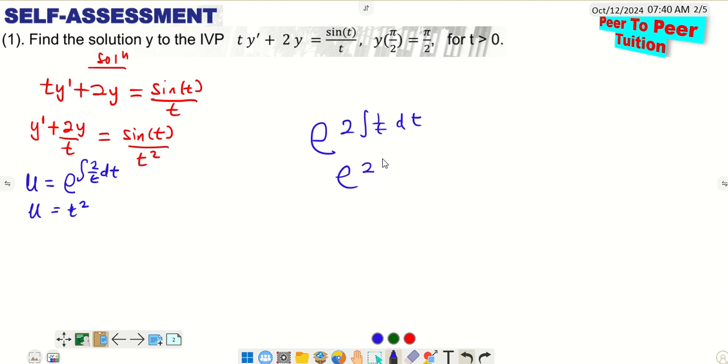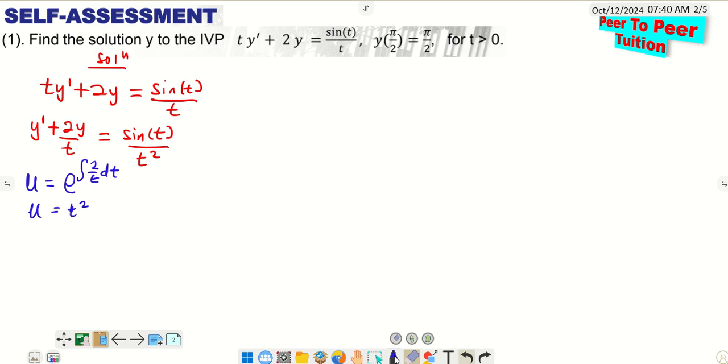The integral of 1 over t gives the natural logarithm of t. Applying the laws of logarithm, we have e to the ln t squared, which cancels, leaving t squared. So that is our integrating factor.